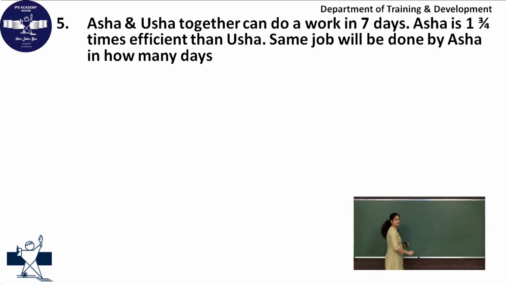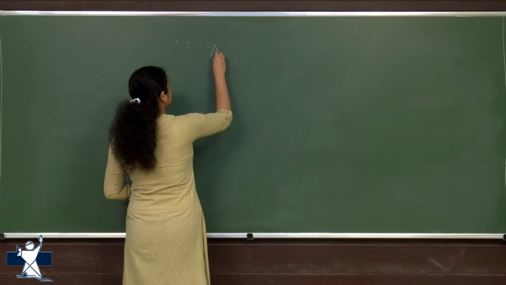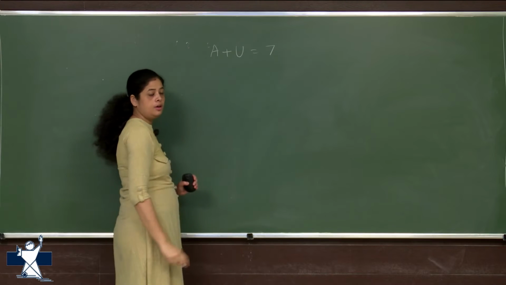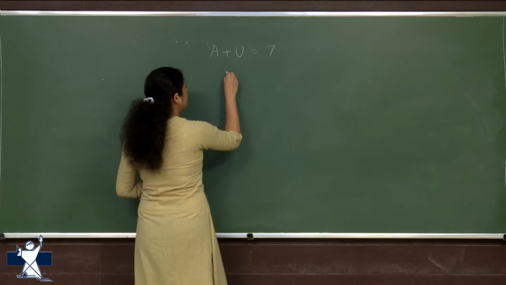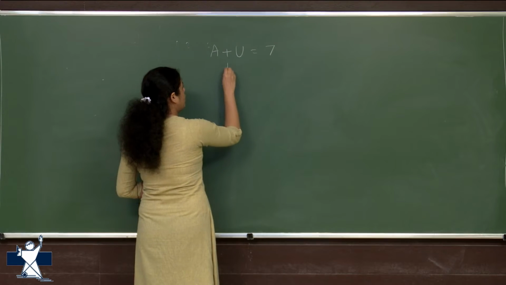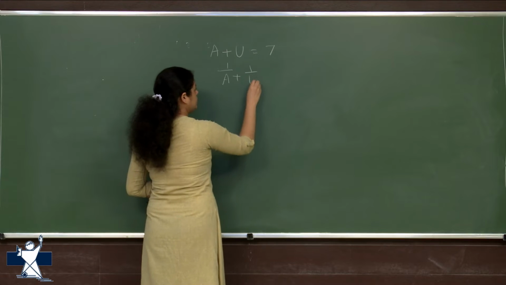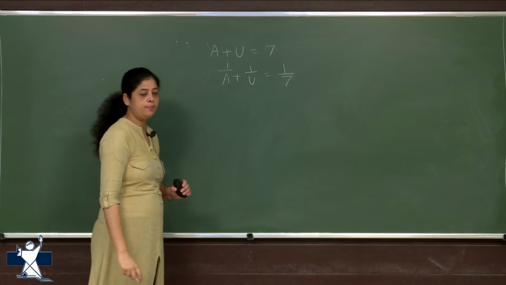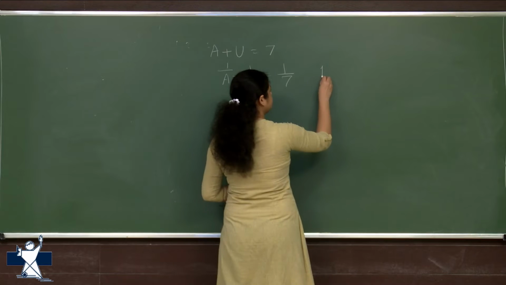So Asha and Usha together can do work in 7 days. तो उनका एक दिन का काम रहेगा, ये यहाँ पे अपन 1/A 1/U भी लिख सकते हैं, या नहीं लिखा तो भी चलेगा, बट ये 1/7 लिखना जरूरी है. इज देयर 1 डेज वर्क.